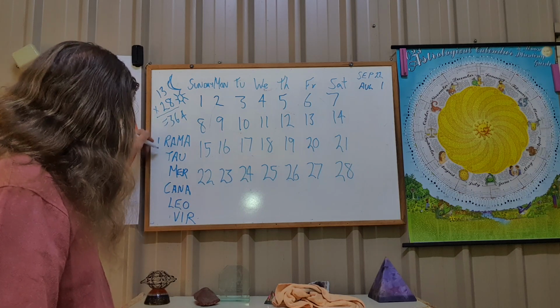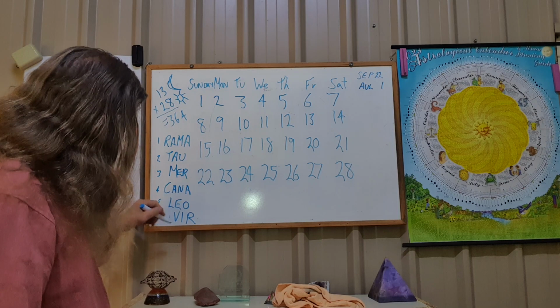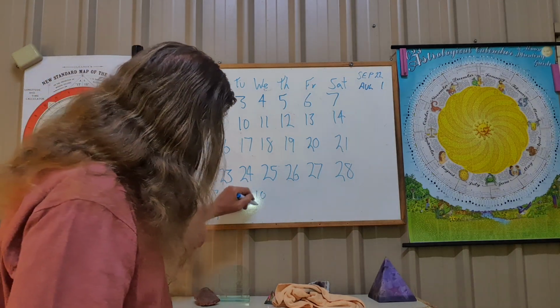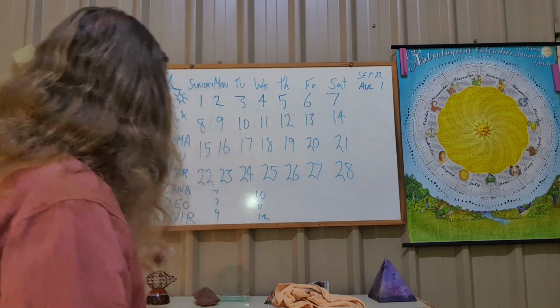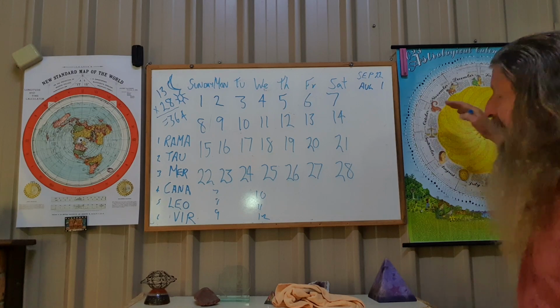So what have we got now? First month, second month, third month, fourth month, fifth month, sixth month. We've got 7, 8, 9, 10, 11, 12 to go. So after Virgo, we shift into Libra.